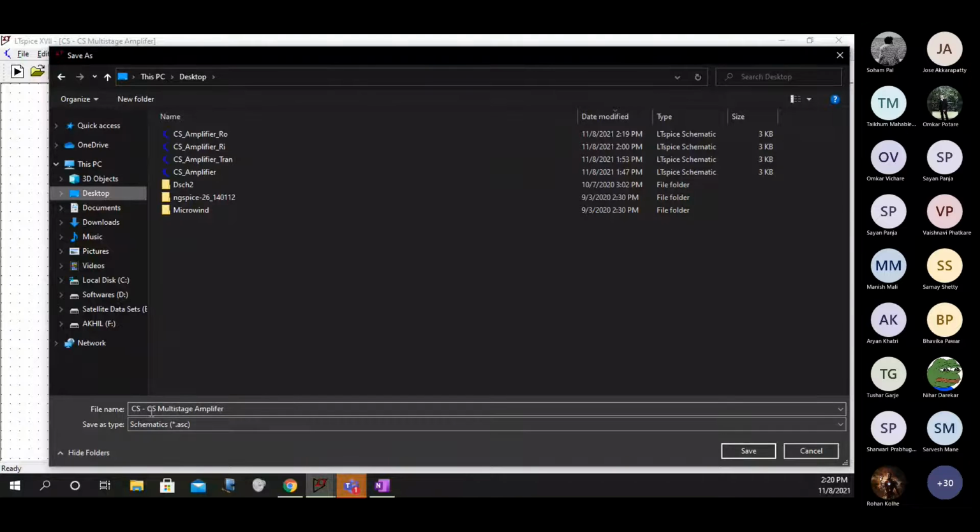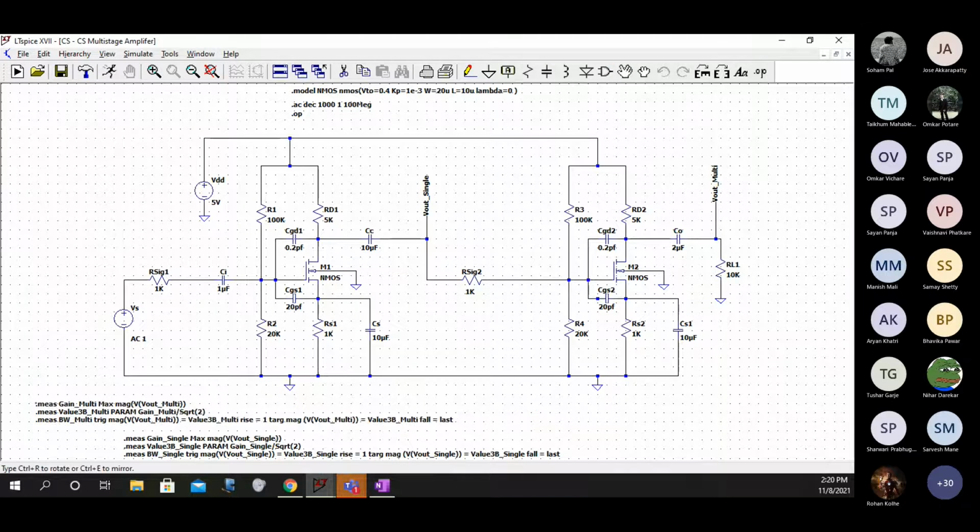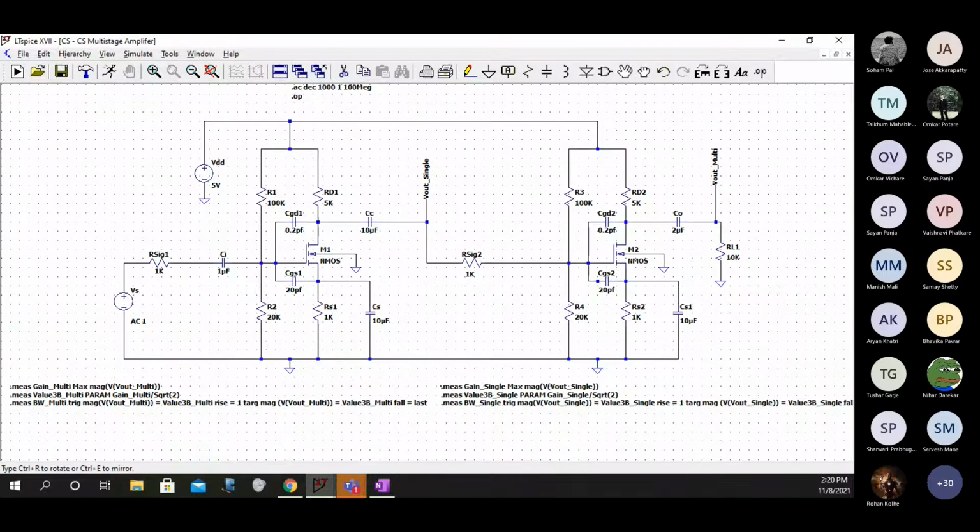So I'm writing here CS multi-stage amplifier. I'm saving it on the desktop so things will be easy. And what you can see out of this is, I'll just move it here.